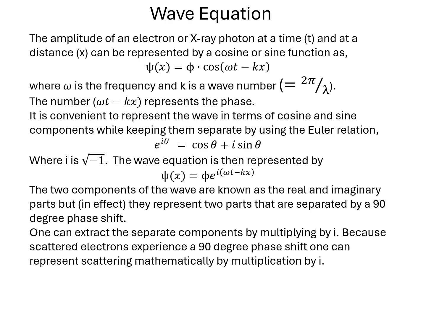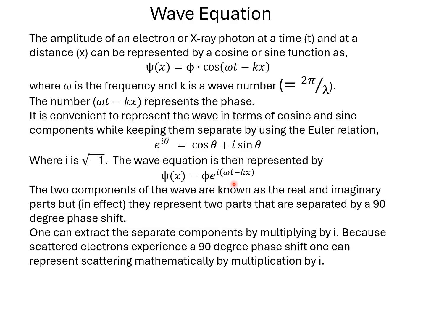Okay, so now we get into the theory. This will be the last part. I introduced, certainly for the case of structure factors, that in order to calculate structure factors, the wave is typically represented by this Euler number.